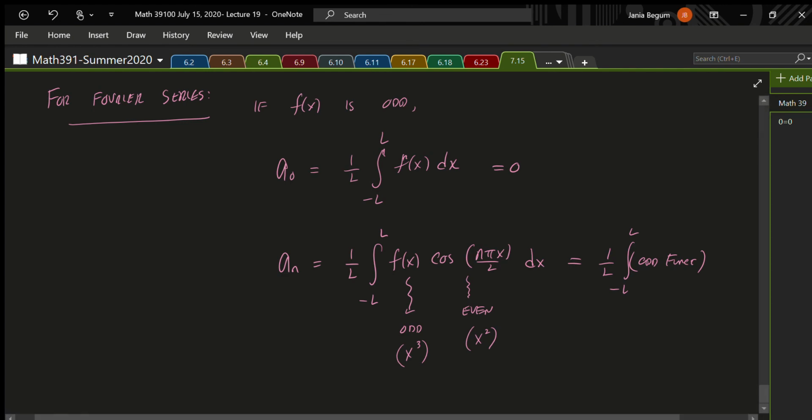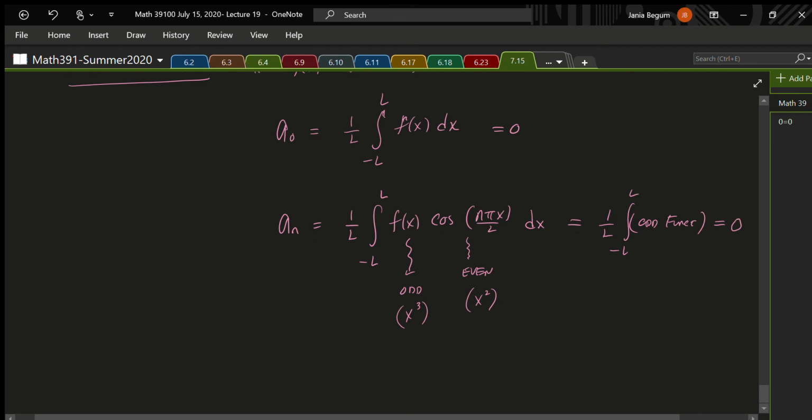So what happened to this coefficient? This is also 0, right? That's what we said earlier.